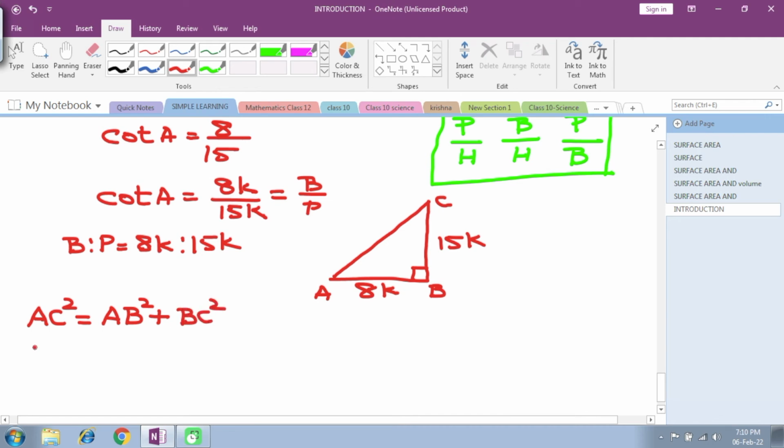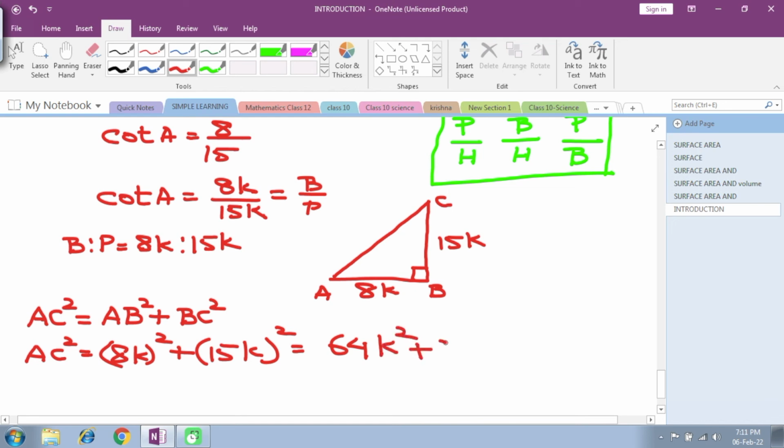Or AC square is equal to AB square plus BC square, or AC square is equal to 8k whole square plus 15k whole square, which is equal to 64k square plus 225k square, which is equal to 289k square.